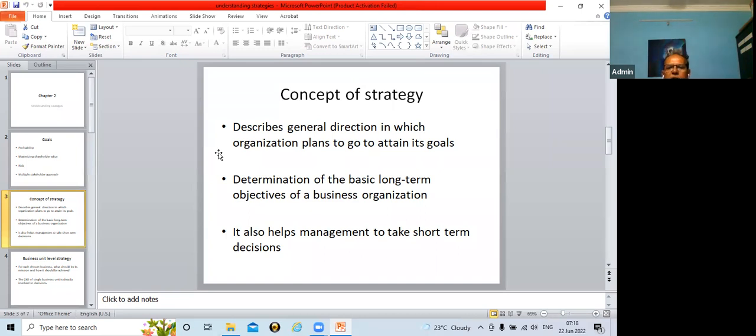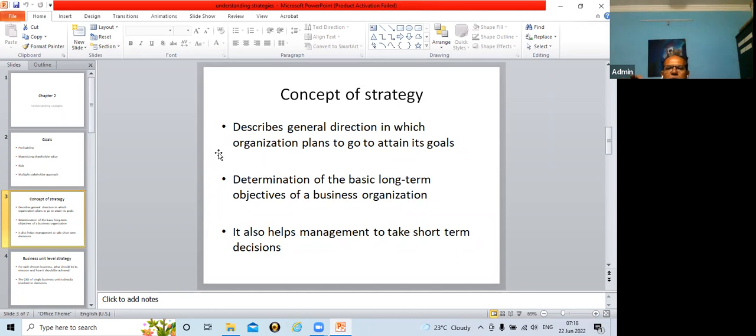Each and every detail is given in the strategy, and generally strategies are developed by top management. So this is the task of top management. Top management develops strategy, and all strategies are implemented by middle level and lower level management. This is the basic difference.